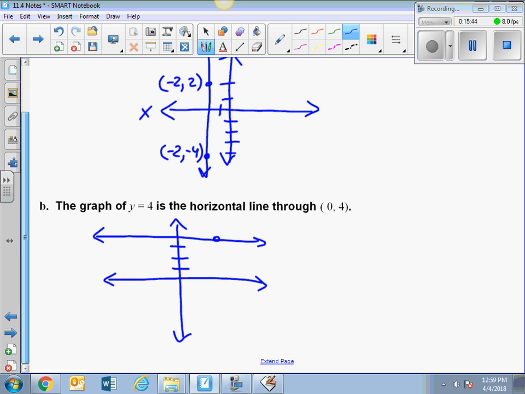If I choose a value over here, let's just say we go 3 spots that way, that would be 3, and then 4 for the y value. Any value you choose over here, whatever it is for the x value, is fine. It's always going to be 4 for the y value. So really, I'll put an a in there because it can be anything, and then 4. It's always going to be 4. That is why that is a horizontal line.